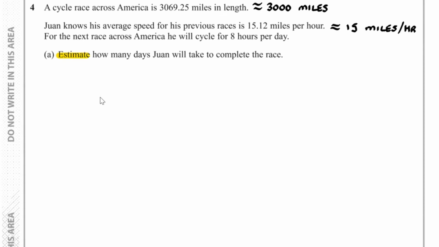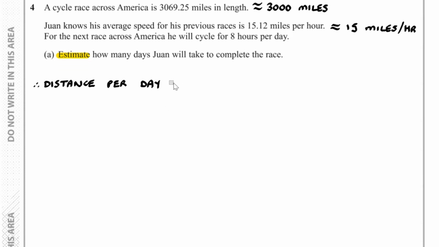And so what we can do is recognize that we have an average speed for the previous races. We have a time for the next race, and with this we can find the distance per day.